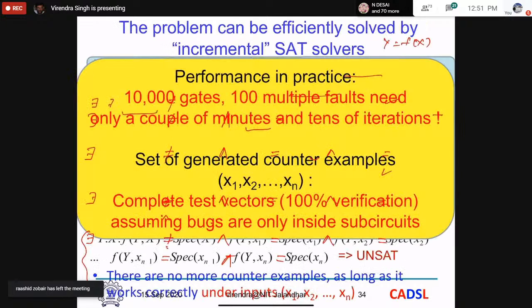So what I'm saying is, what did we do here? We discovered the unknown function, wherein we were assuming that there is an error. So we discovered what is the right function that I should have. That is the configuration of the LUT.